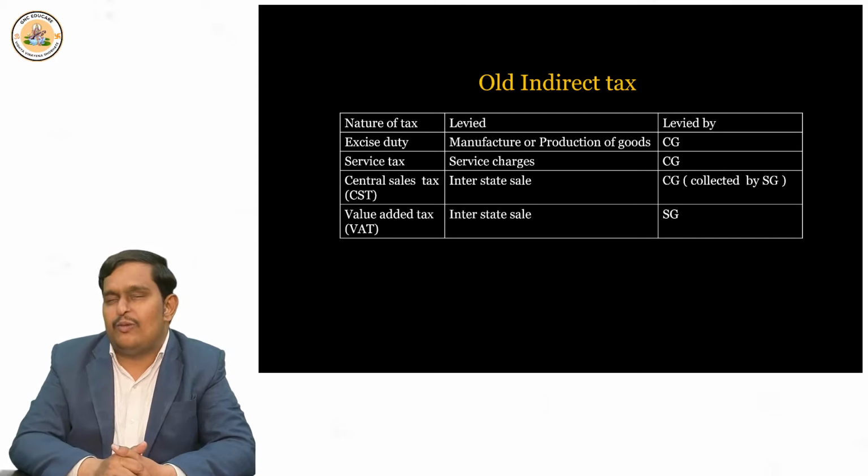This is possible only if a single authority is there or a single tax system across the country is there. And for that purpose, this goods and services tax was brought. I'll tell you further what the problems or deficiencies are in the existing indirect tax system.